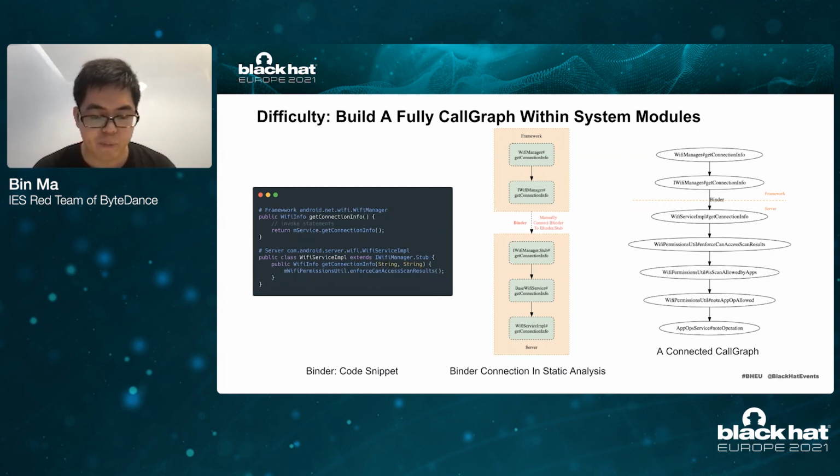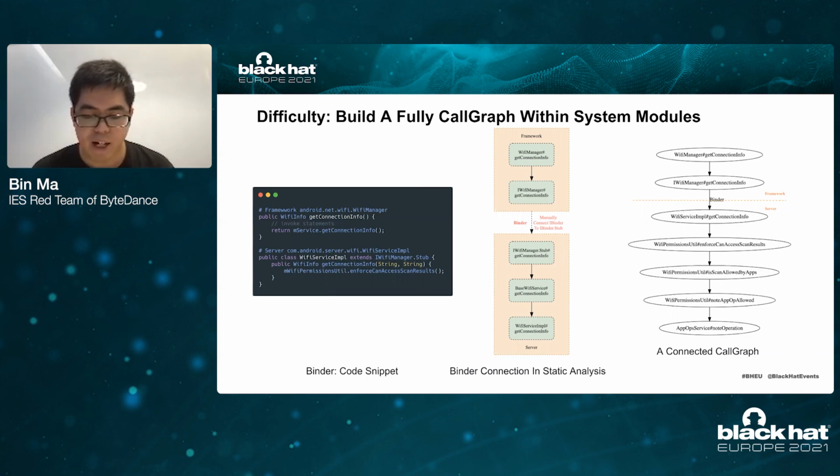From the binder mechanism, it is clear that there is a connection between WifiManager and the Wi-Fi service implementation. So we construct a bridge to connect these two objects. In this way, we build a connected call graph across different system modules. That's all for sensitive APIs.